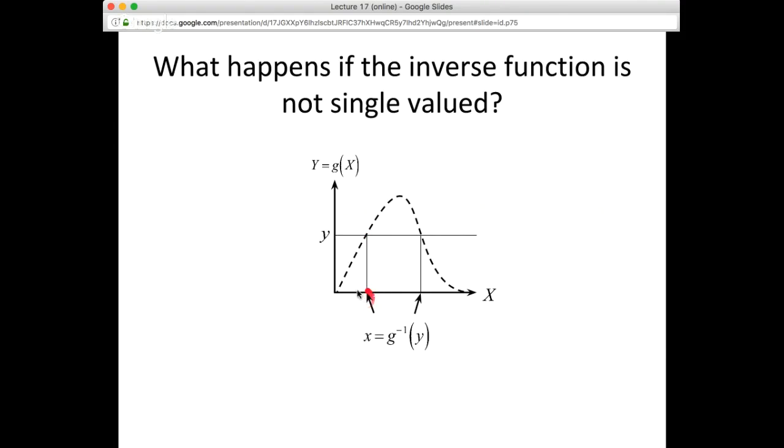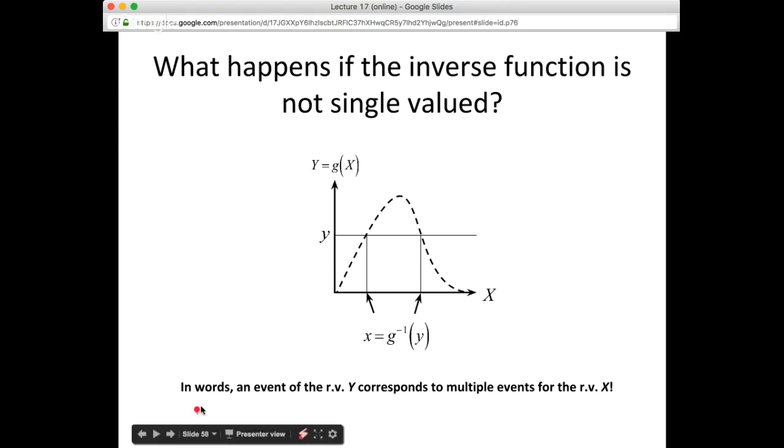There's going to be the root over here and the root over here. And that's a case where x equal to g inverse of y is not unique. There's multiple, in this case two, but there could be lots of different roots to this equation in such a situation where we have portions of the g of x curve that are rising and falling.